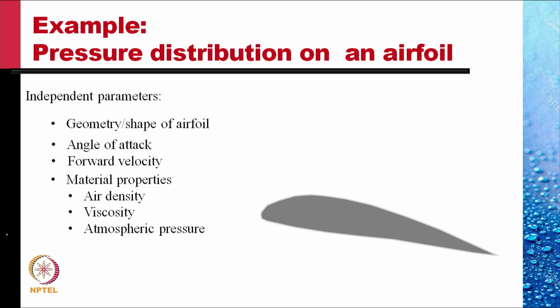So parameters are inputs. We choose the atmospheric pressure that we are working with. Or if we do an experiment, we measure what the atmospheric pressure is, and this is an independent parameter that does not depend upon the phenomena.